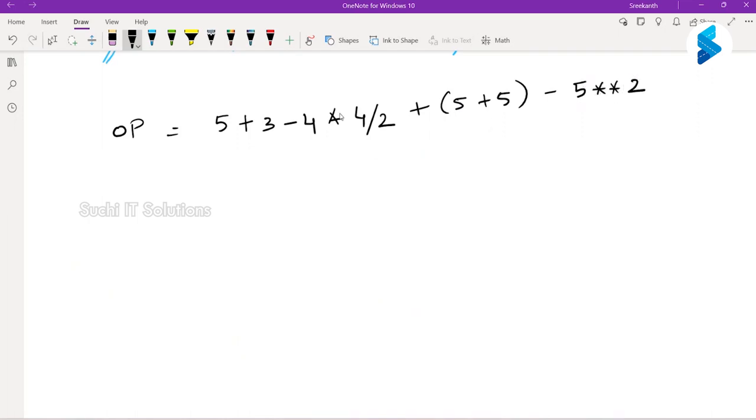So this is the expression. Do not use a calculator or the Python syntax as of now. Just by looking at this, can you please tell me what would be the output of this?